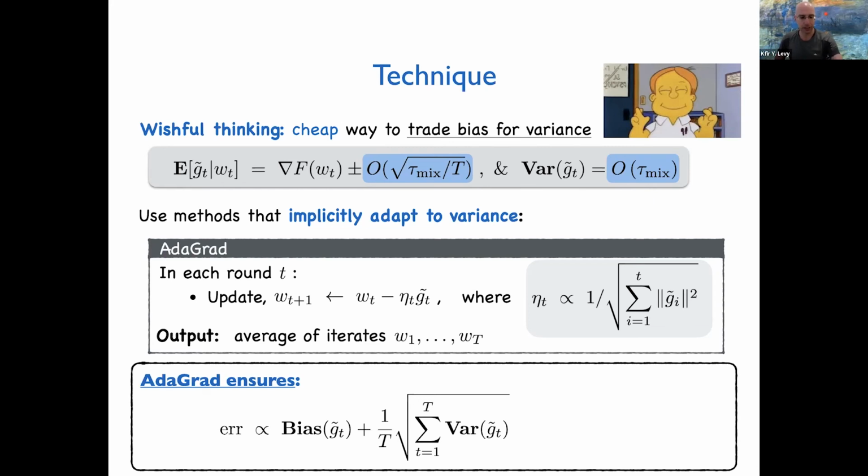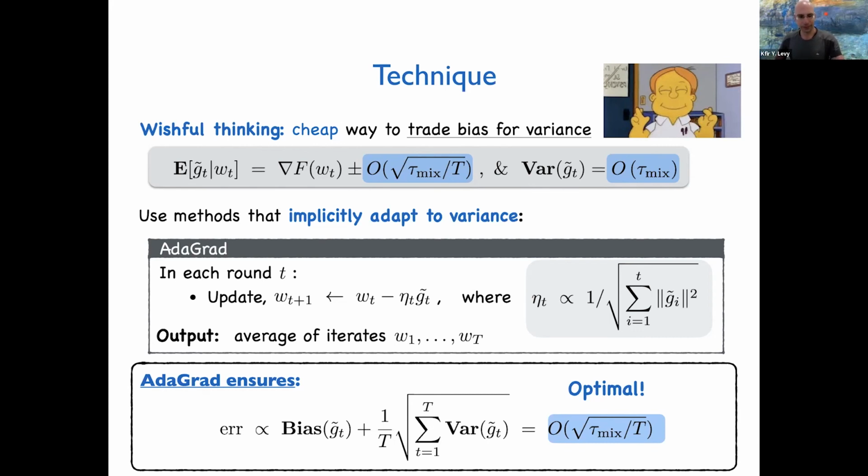The generalization error of Adagrad is related to the bias and the square root of the sum of variances. And if we plug in the wishful thinking properties of the gradient estimate that we hope to achieve, then we'll get the optimal rate. So now we have to make this wishful thinking work.